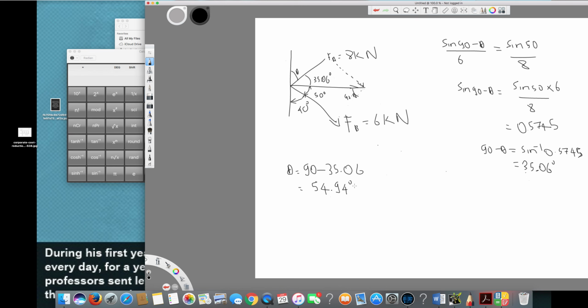According to the parallelogram law, the total angle of two sides should be equal to 180 degrees.